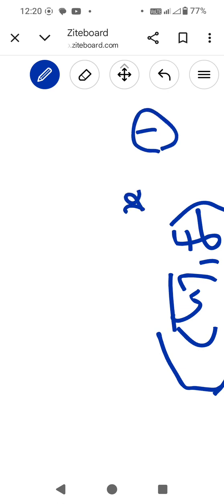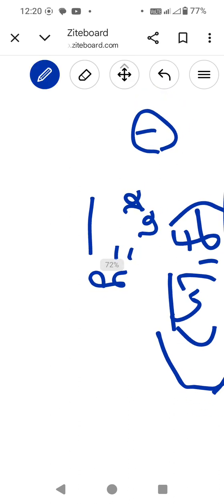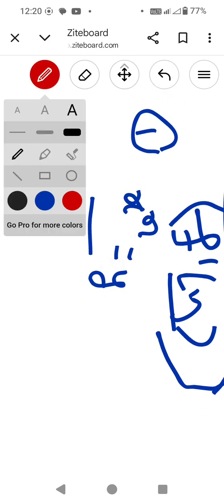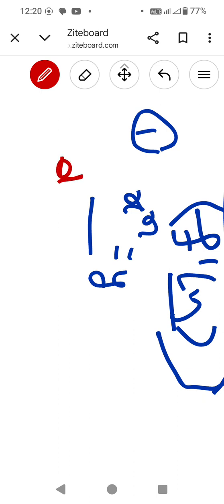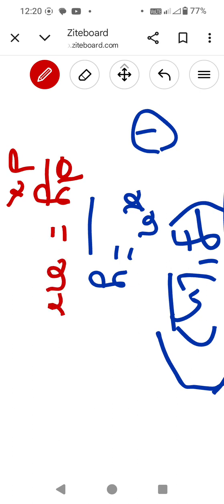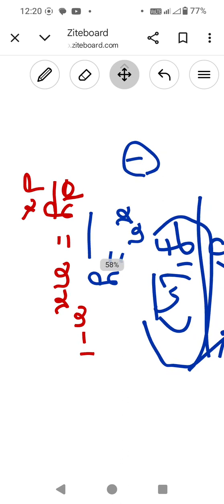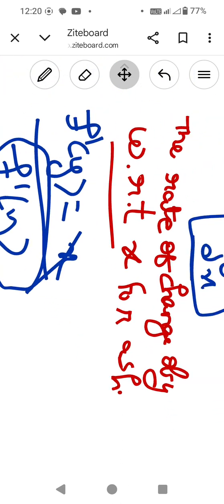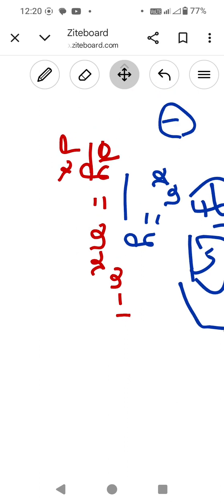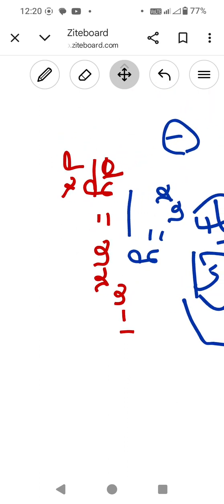x raised to the power of n is a function of y. Then what would be dy by dx? As you know very well, it is n x to the power of n minus 1.